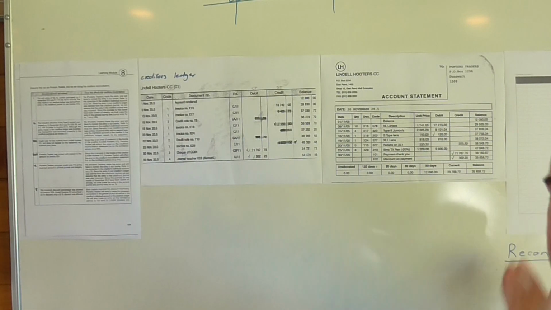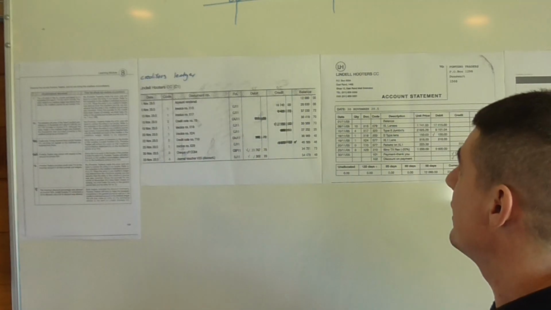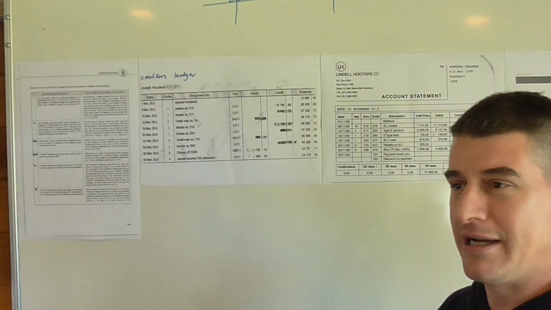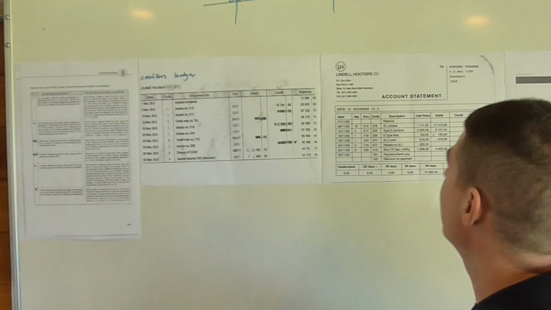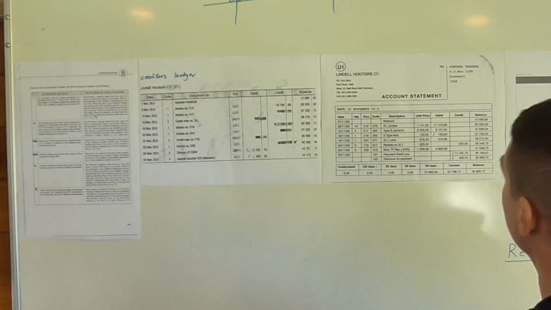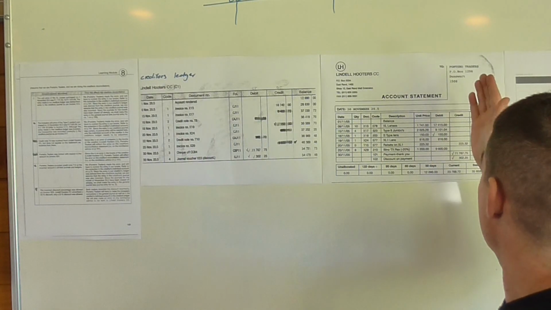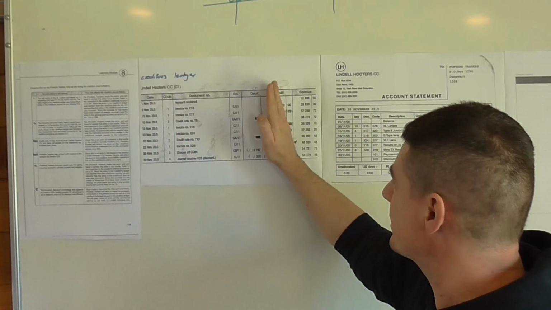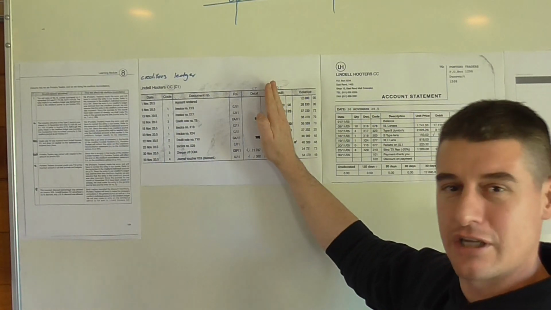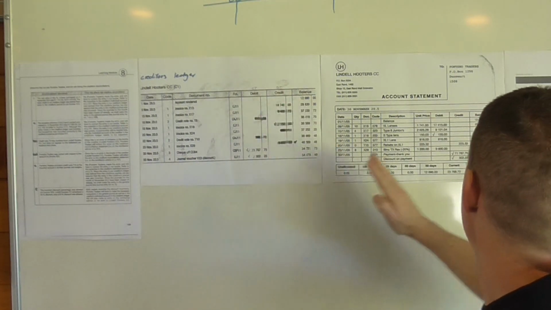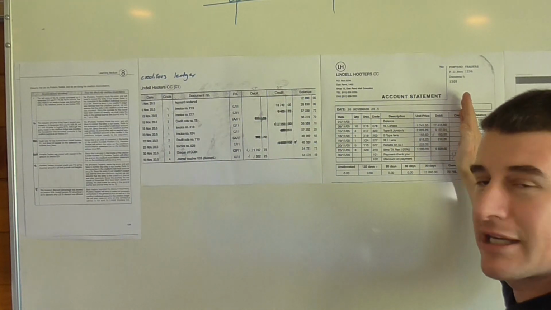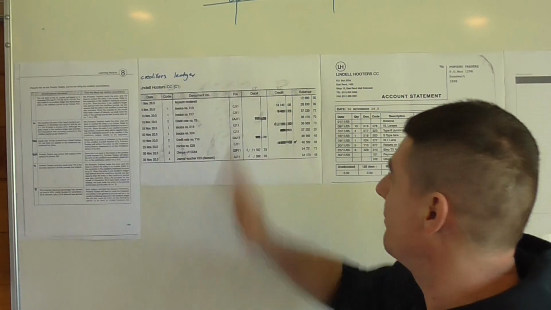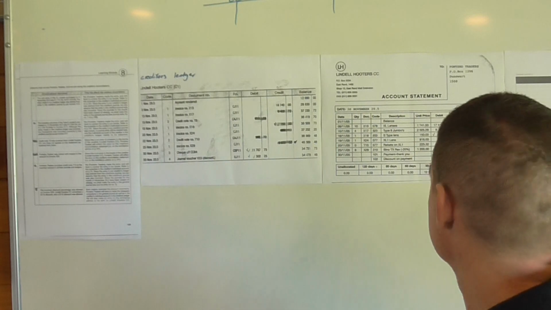That is because to you they are a creditor, but to them you are a debtor, so you are an asset. So the debits of the account statement get compared to the credits of your creditors ledger, and the credits of the account statement get compared to the debits of your ledger.